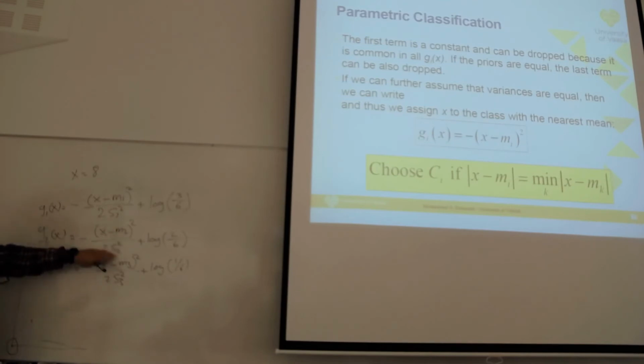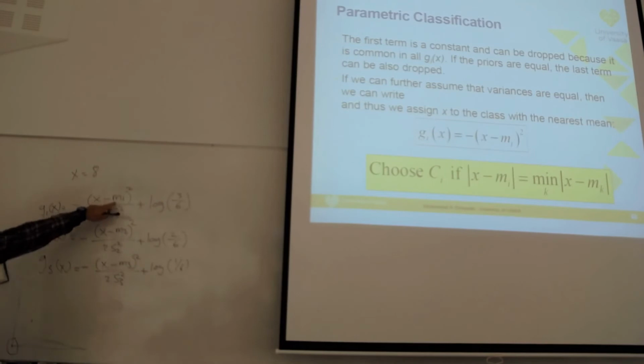Then you can also ignore this one. At the end of the day, you will have only the impact of the mean. Only the mean will affect your discriminant function, and then you select the maximum one, which is the closest to the mean value. But this will, of course, be a special case.